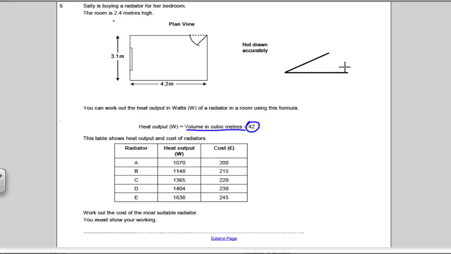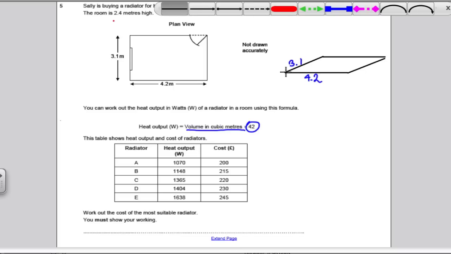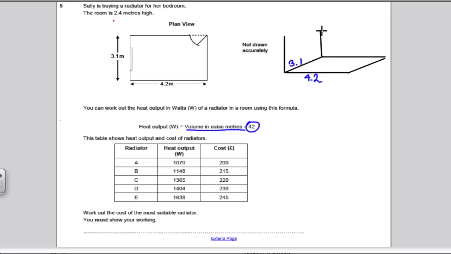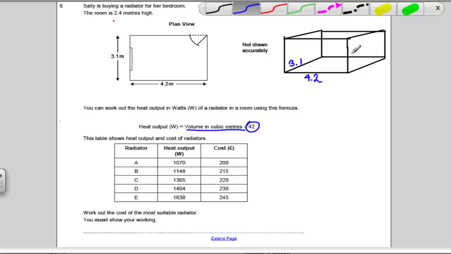We've got a room where, if we look at it from above, the width is 4.2 and the depth back is 3.1, but we also know from the question that the height of the room is 2.4 meters. So this height here is 2.4.